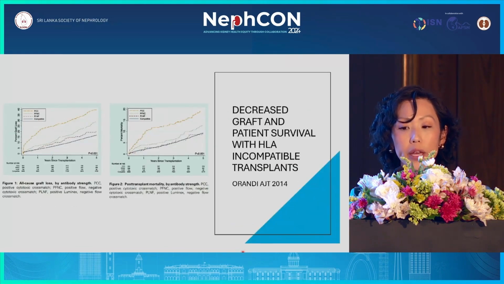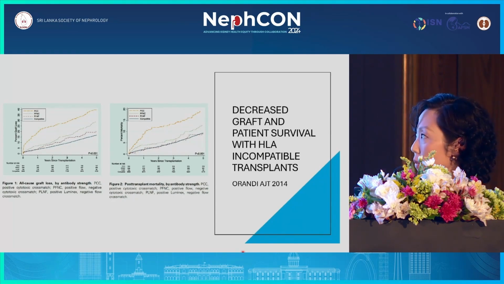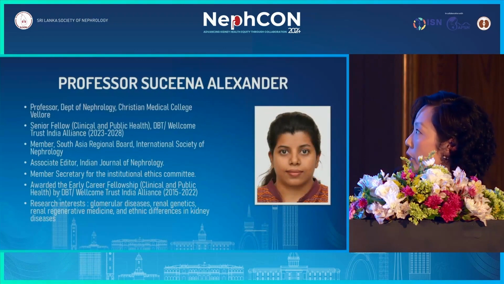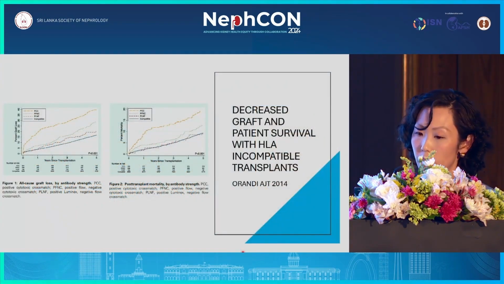And we now know that it is the degree of preformed donor-specific antibody in the recipient serum that determines cross-match positivity and HLA incompatibility. In this multi-center US study of 10,000 living donor transplants, over 1,000 were HLA incompatible, as defined by positive CDC cross-match in yellow, positive flow cross-match in green, and the presence of donor-specific antibodies in red, also called Luminex positivity.